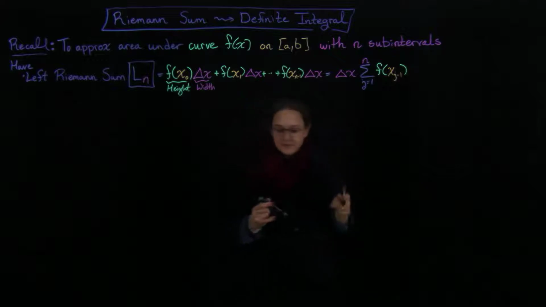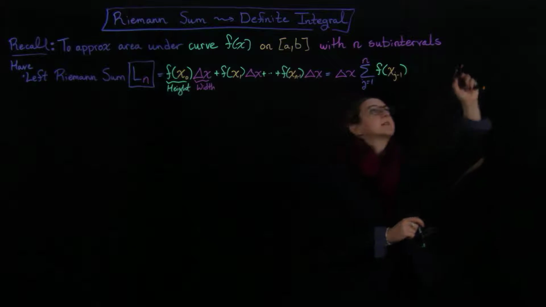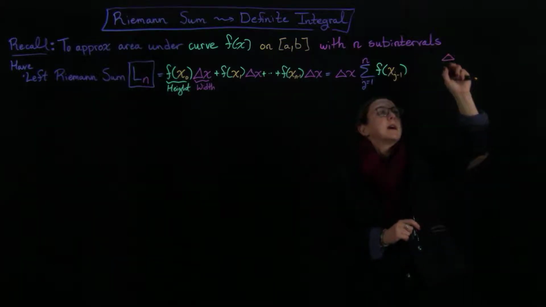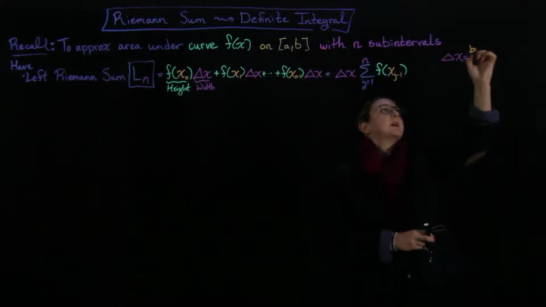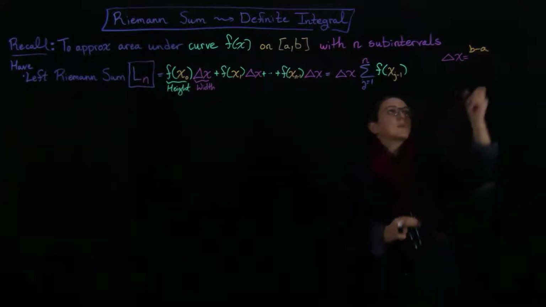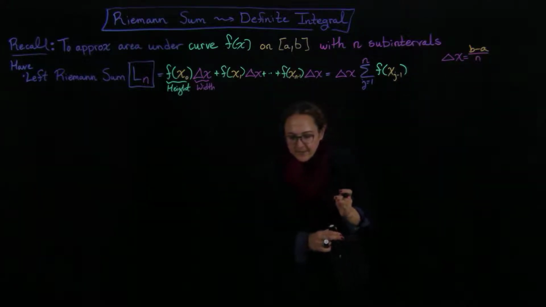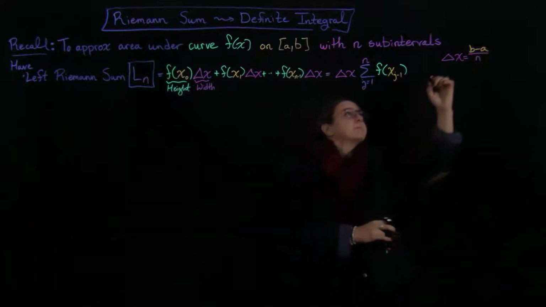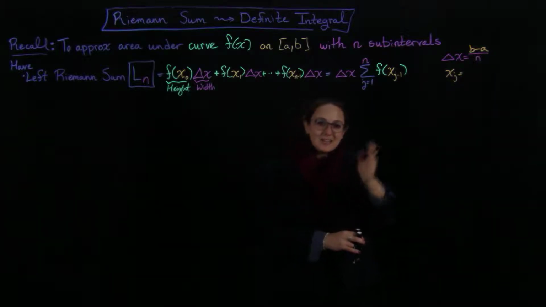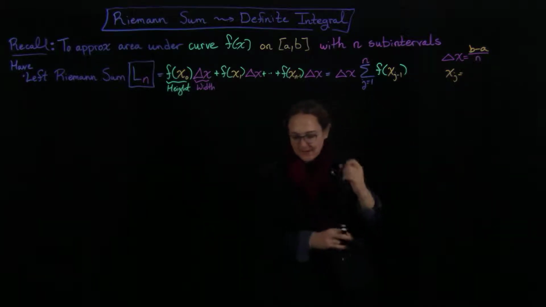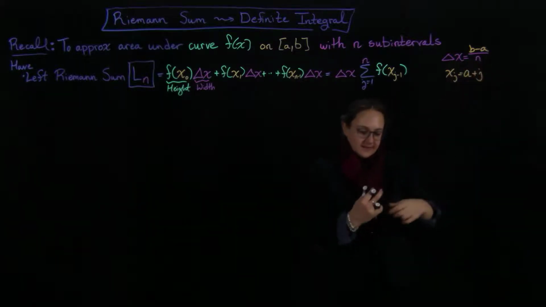And our delta x was equal to b minus a, the width of the interval, divided by the number of subintervals, n. From there we figured out that xj was equal to a, where I started, plus j copies of delta x: a plus j times delta x.